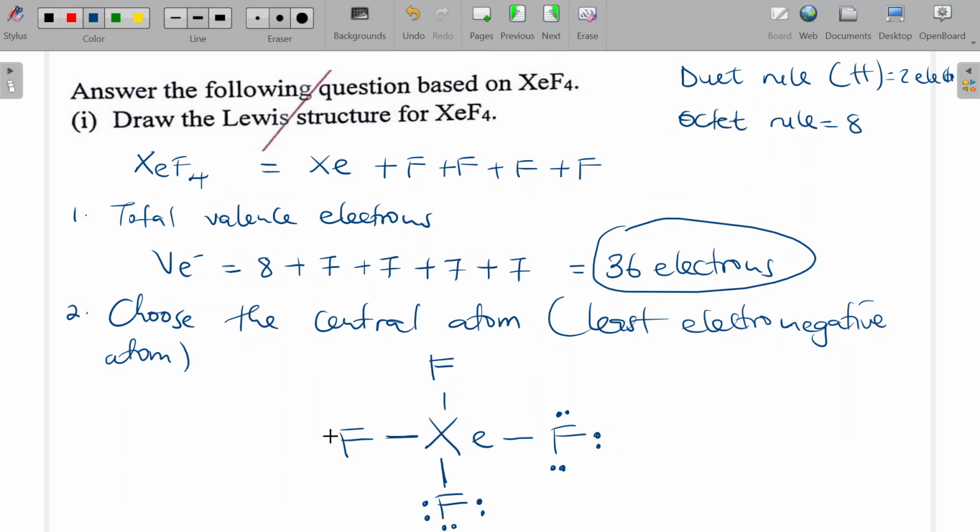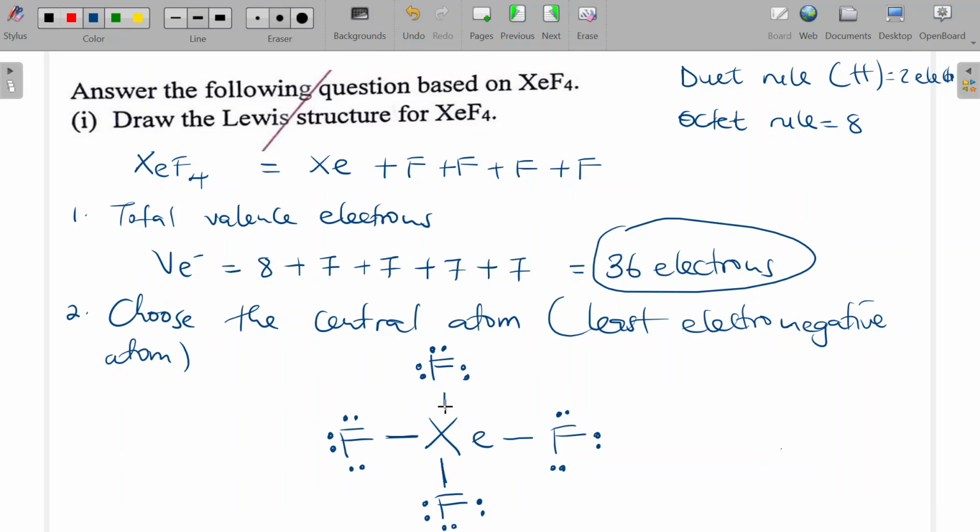Now of the 14, I'll add 6. I'm remaining with 8. Of those 8, I'm going to add again on fluorine. After adding, how many have I used?